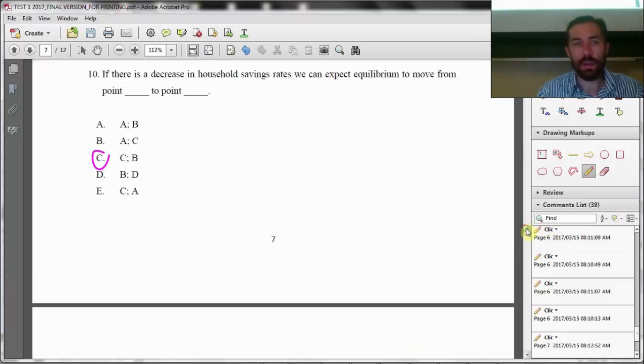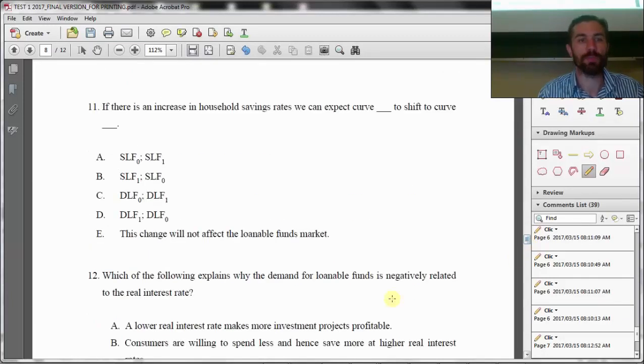And then the next question is basically the same question, except the other way around. If there's an increase in savings rates, what happens? The supply of loanable funds curve is going to shift. It can only shift in one direction.